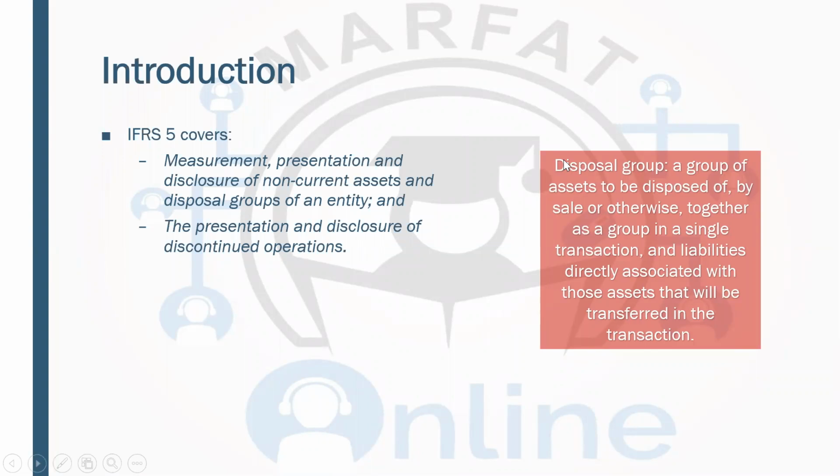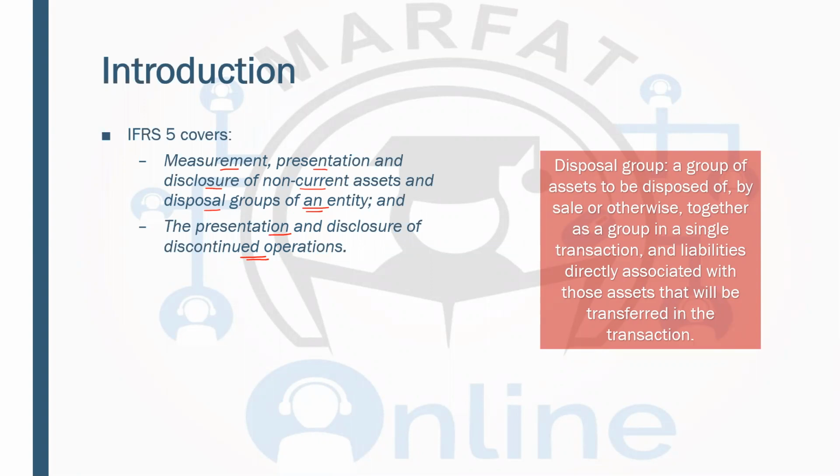IFRS 5 covers the measurement, the presentation, and the disclosure of the non-current assets and disposal groups of an entity, and the presentation and the disclosure of the discontinued operations. So for the assets which are going to be sold, how they will be measured, how they will be presented, how they will be disclosed, all these things will be covered by IFRS 5.